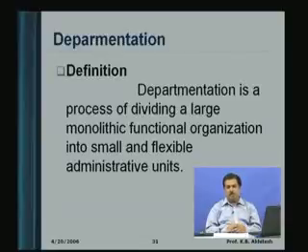Sometimes organizations are geographically distributed, sometimes product-wise distributed, and sometimes distributed depending upon the kind of markets they are serving. So we do see a lot of differentiation and sometimes integration. Most of the staff functions got integrated and the line work got distributed.